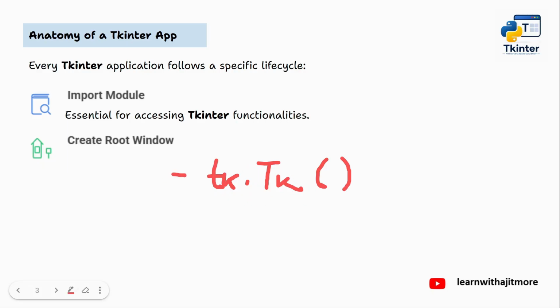Object created. Collect the reference of the object and use this object as a parameter to each widget. Whatever widgets you create, a label, a button, a text box, a list box, to every widget you have to pass this root so that all the widgets will be added in that window only.